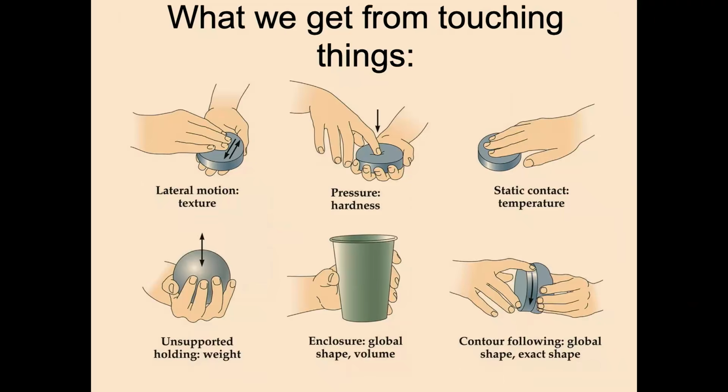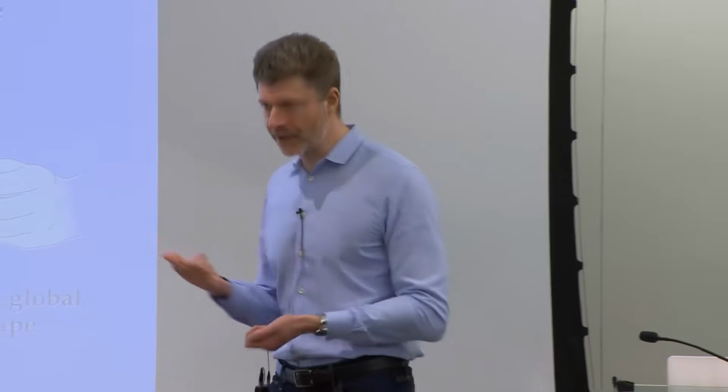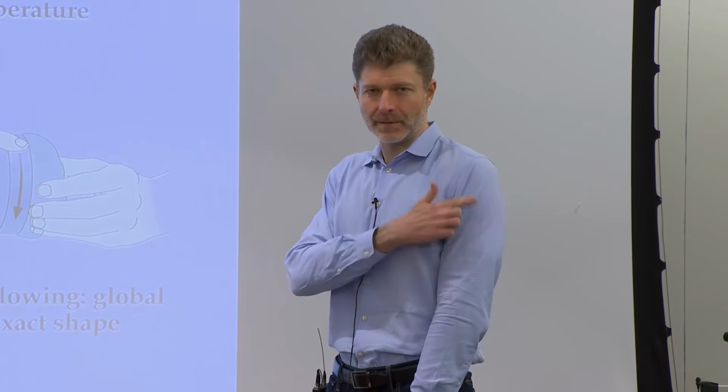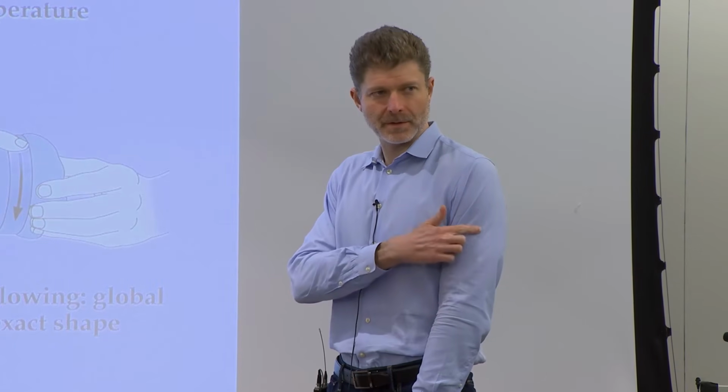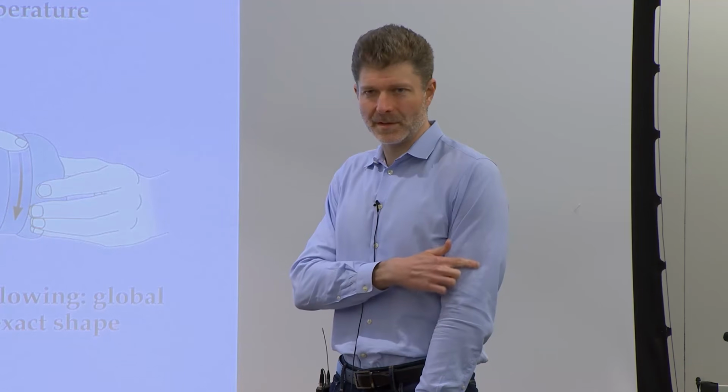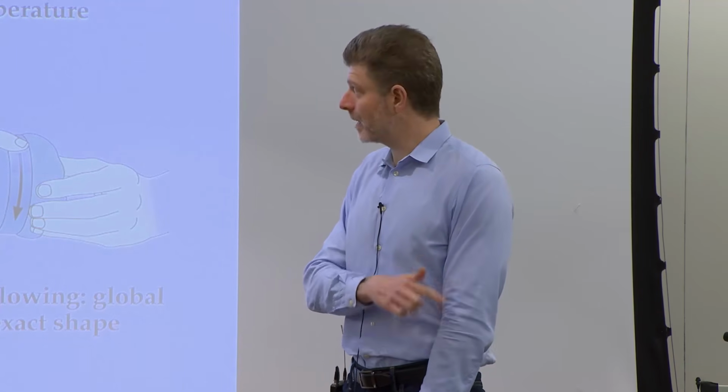Okay? This has some other examples of what kinds of information we get from touch. So take your fingers and move them over something. I'm moving them over my shirt. All right? You can get a sense of what the material is just by that lateral motion. Right?